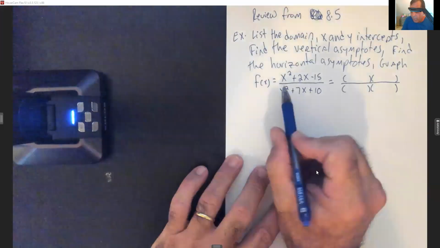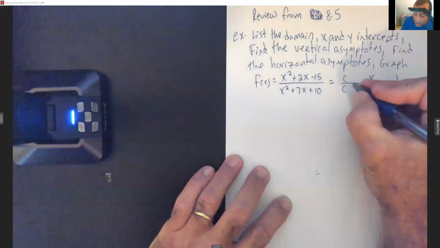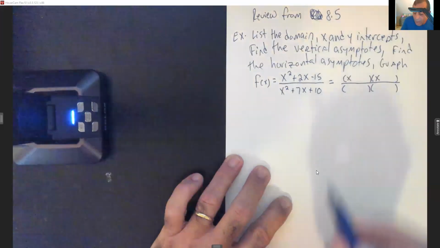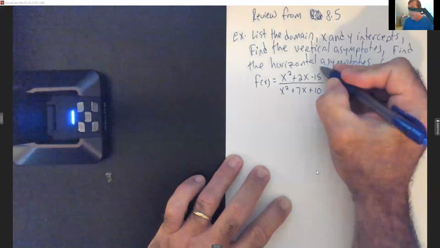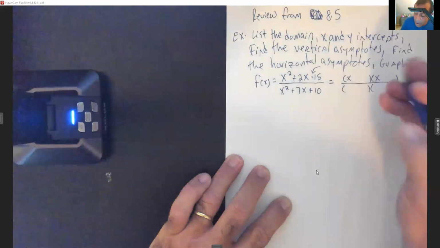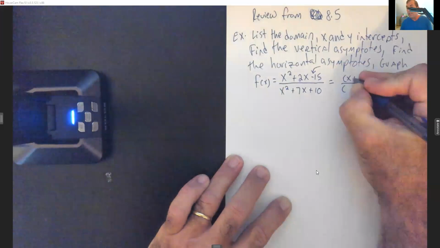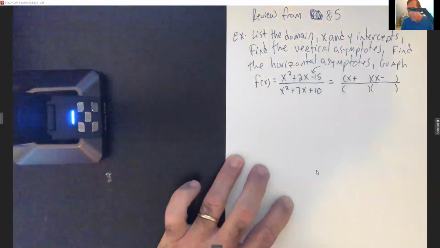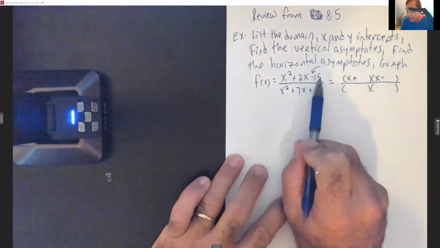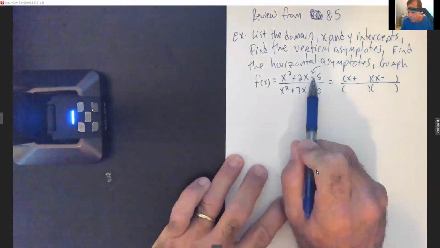So on top, you got an x squared. So that's going to put an x in the front of both parentheses. The last number is negative. Anytime that last number is negative, one of these factors is positive and one of these factors is negative. When it's negative, I want to find factors of 15 that subtract to get 2.